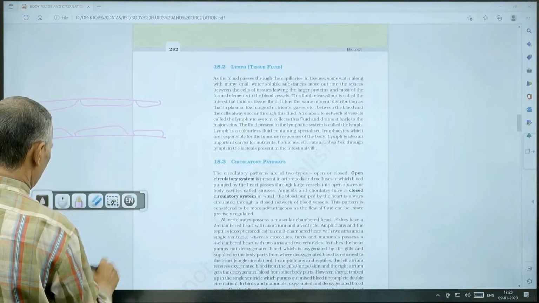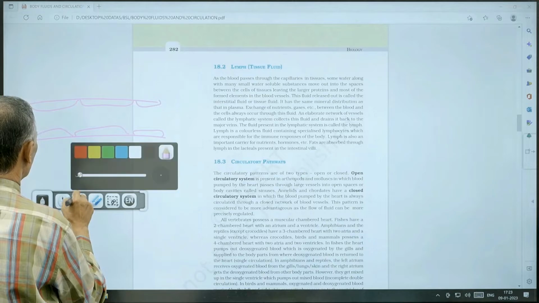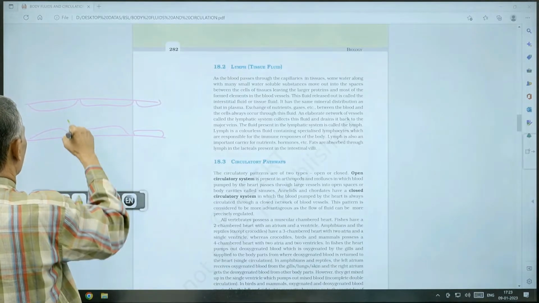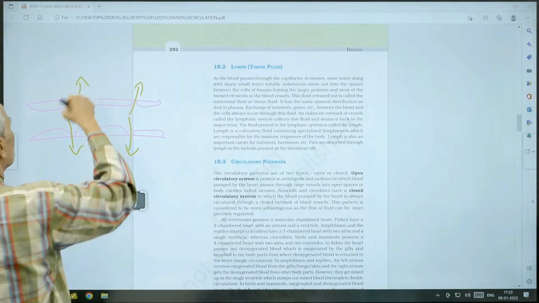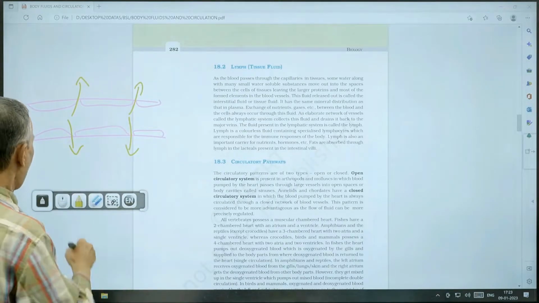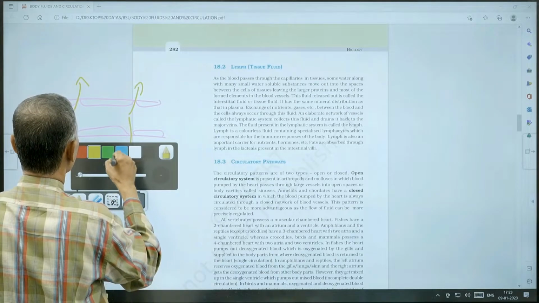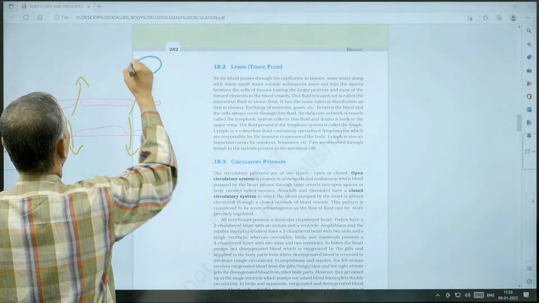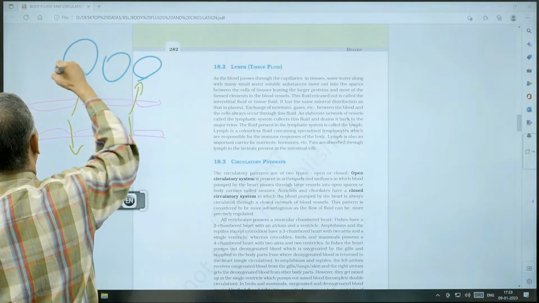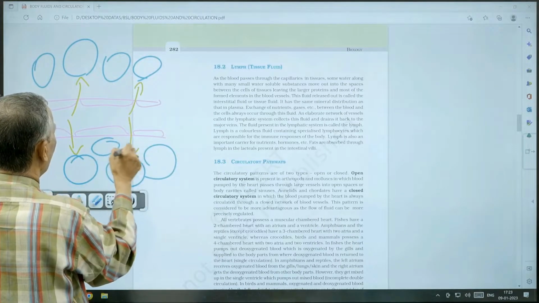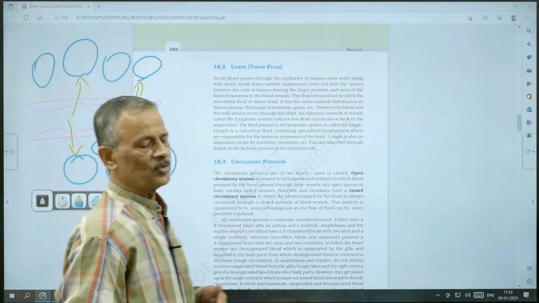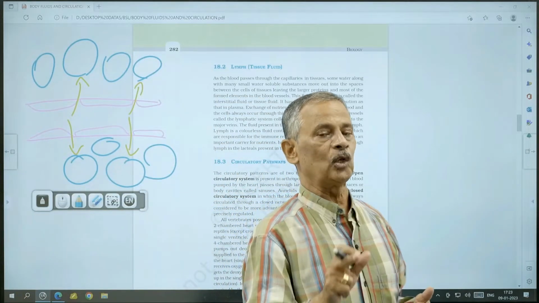Through this small gap, the liquid part of the plasma comes out, and this fluid becomes accumulated between the cells of the tissues, in the gap between the cells. Thus, this fluid becomes intercellular fluid.